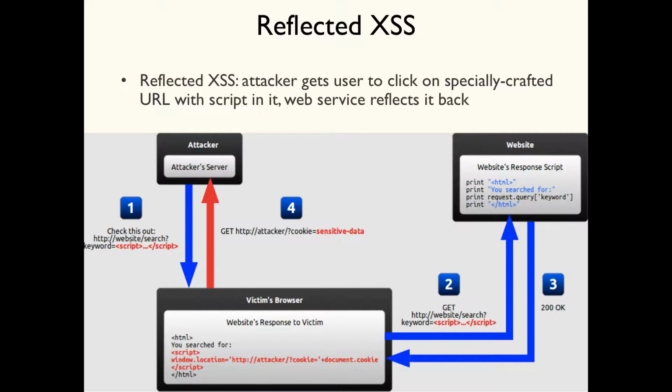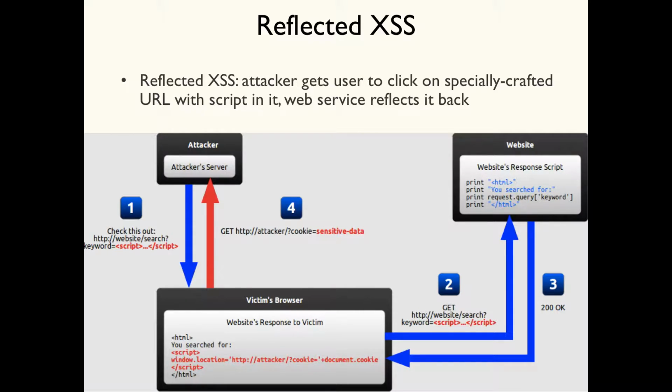So here is an example of how reflected cross-site scripting works. First we have an attacker, we have the victim's browser, and we have another website. First, the attacker will send out a malicious URL to the victim.